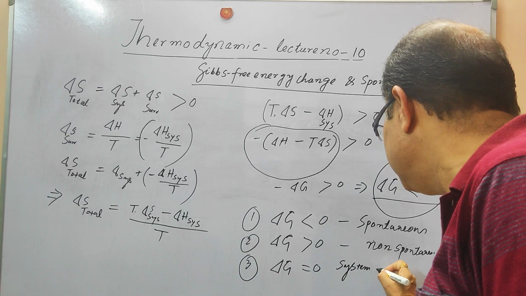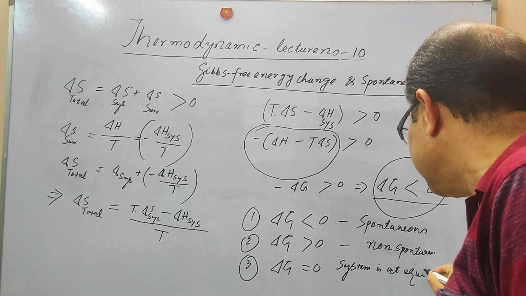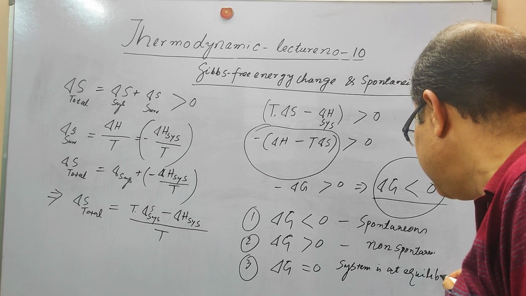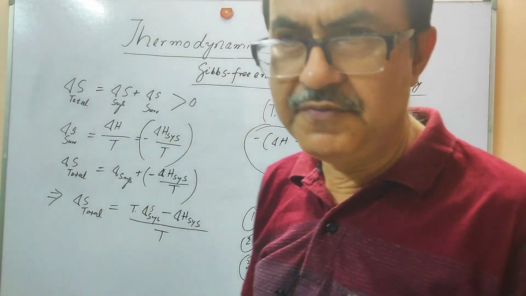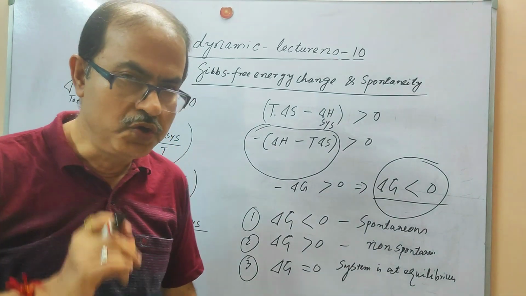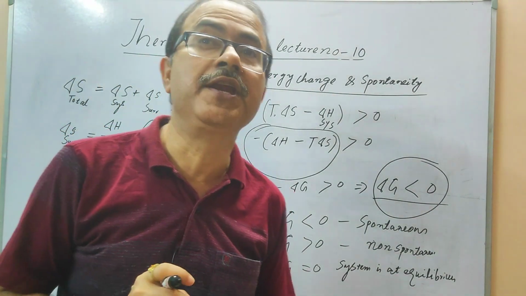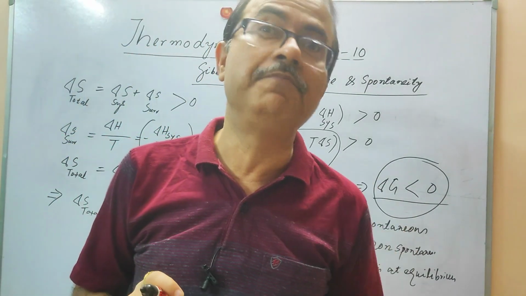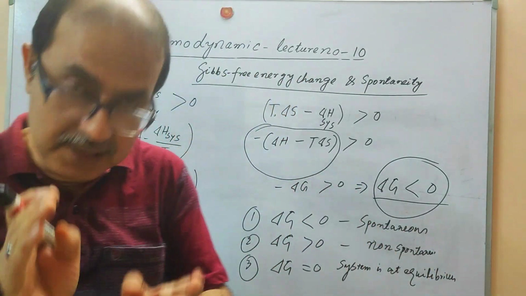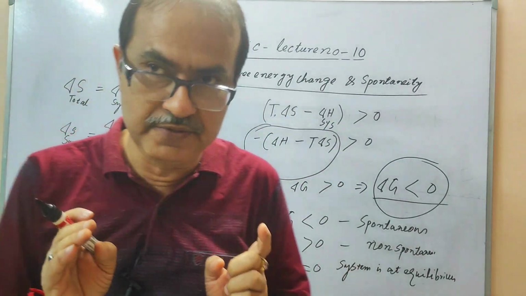So we understand how the delta G Gibbs free energy change helps us to predict the spontaneity of the reaction without taking care of the enthalpy and the entropy separately, because in the function itself both the terms have been incorporated.